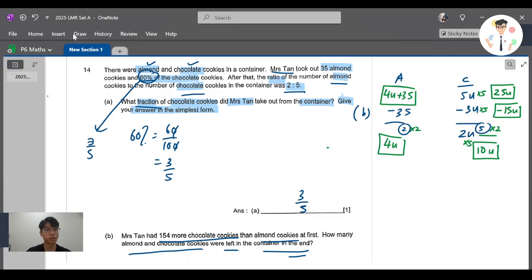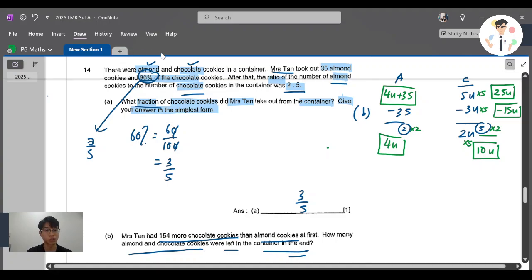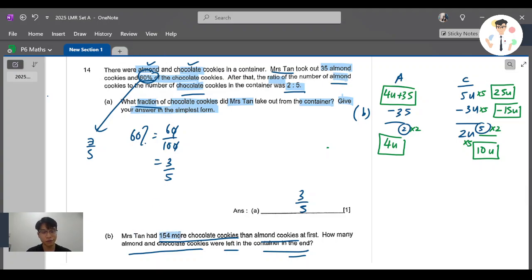Now, these are all the units at first and after. And the question, Part B, says Mrs. Tan had 154 more chocolate than almond at first. Chocolate is 25 units. Almond is 4 units plus 35. This is more than this by 154.